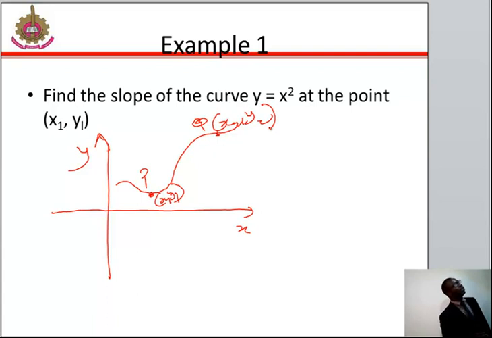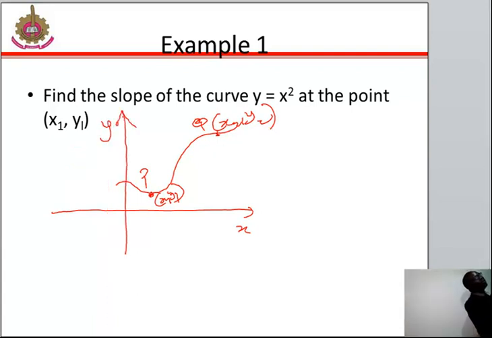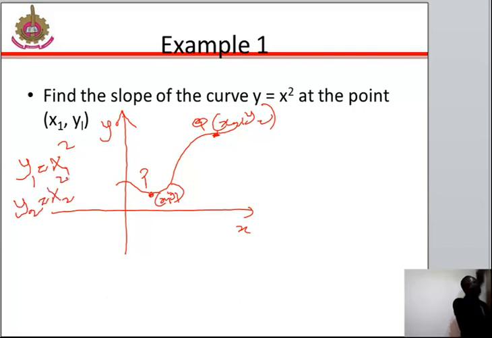Now the first thing we have to do is note that P is the first point here, and Q is the second point here. You will agree with me that your y1 will be x1 squared, and your y2 will be x2 squared. That will be the first point and the second point.